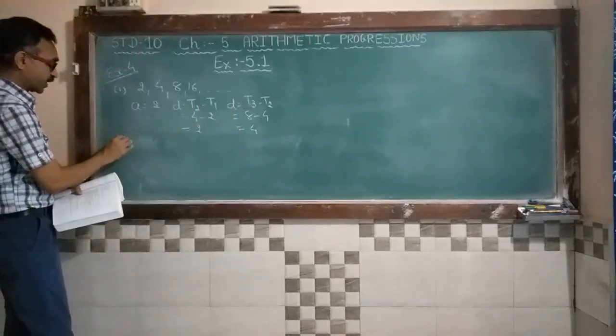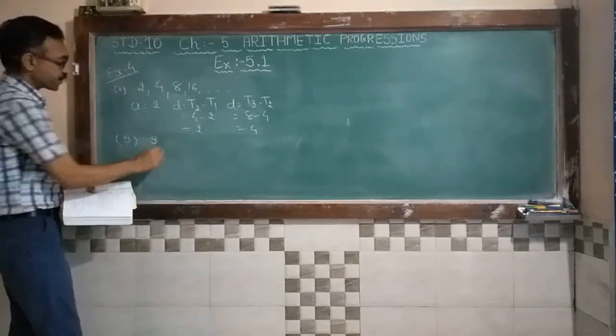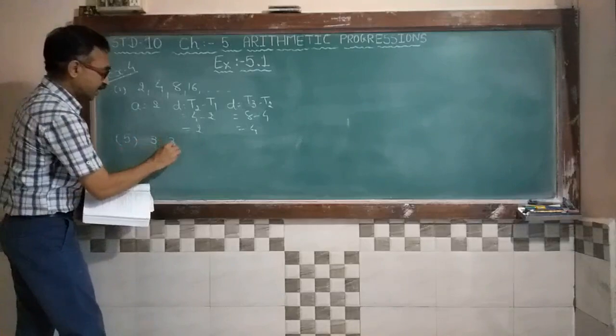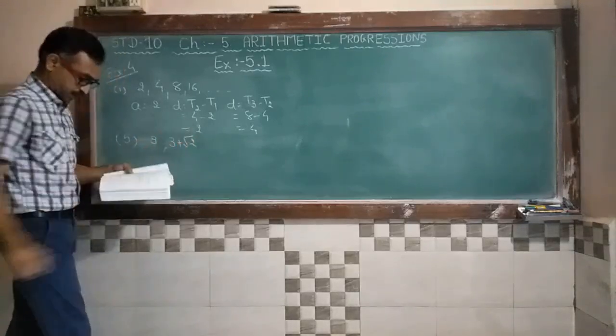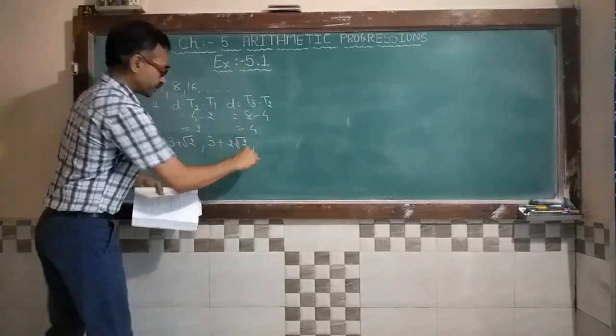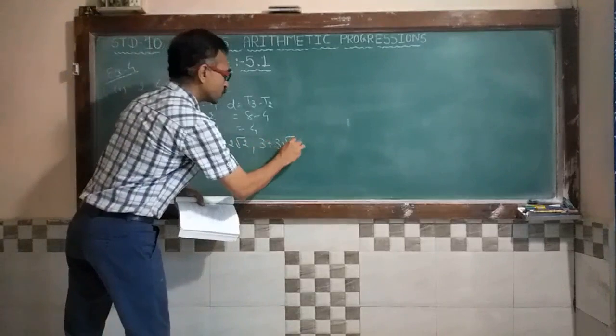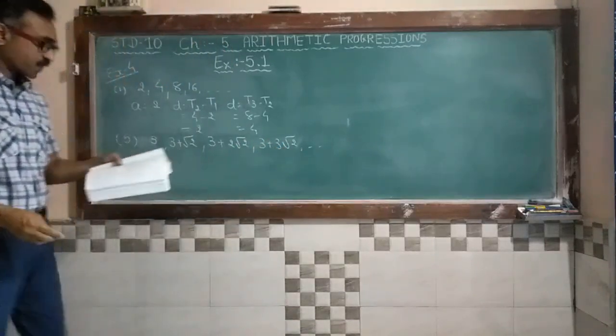Now in the fifth one, the first term is 3, 3 plus root 2, 3 plus 2 root 2, 3 plus 3 root 2 and so on. Okay.